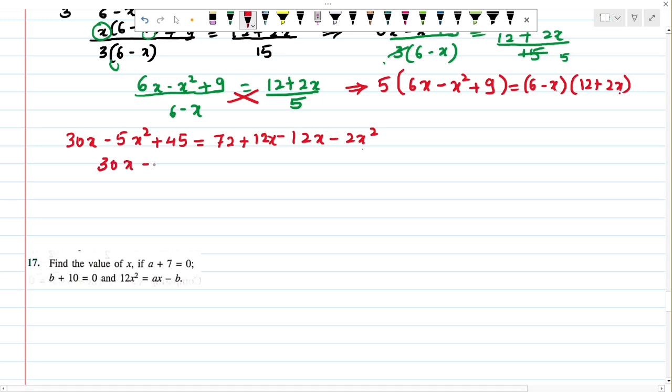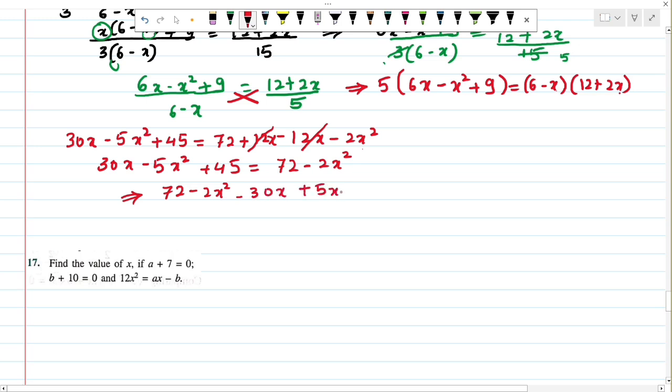30x minus 5x squared plus 45 equals 72 minus 2x squared. This can be written as 72 minus 2x squared minus 30x plus 5x squared minus 45 equals 0.